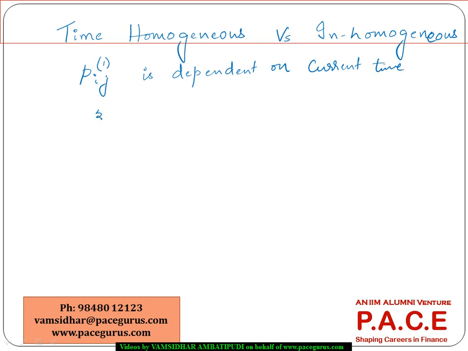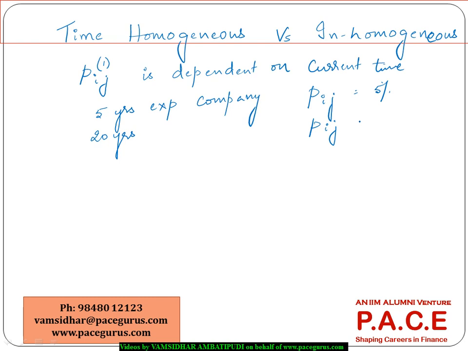which means, okay, for a 5 years experienced company, the probability of going from AAA rating to default, let's say, is 5%. But if the company is a 20-year experienced company, the probability of going from a AAA rating to default is only 2%.